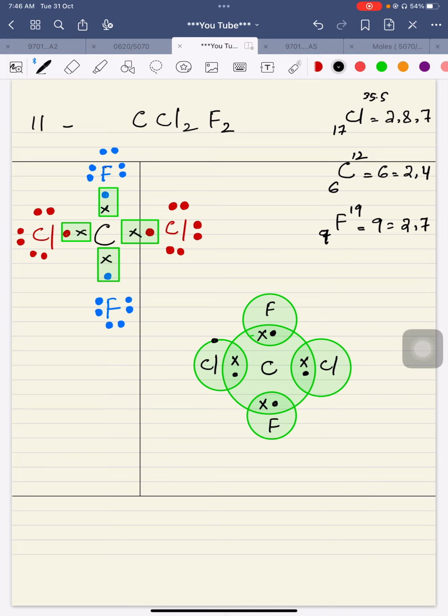Right now we are going to complete the electrons of chlorine and fluorines here in the outermost shell. You can see I am drawing these electrons of fluorines and chlorines.